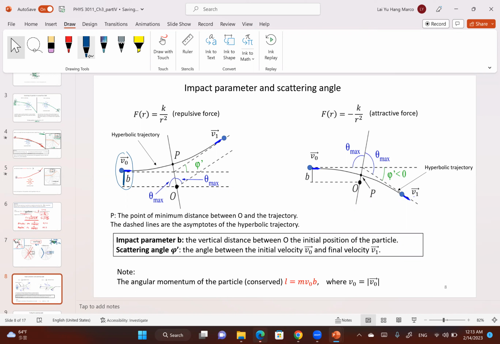The scattering angle is over here, phi prime, which is the angle between this horizontal dashed line and this asymptotic dashed line. This phi prime tells you the angle between the initial velocity and the final velocity.